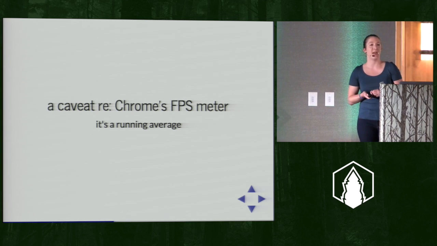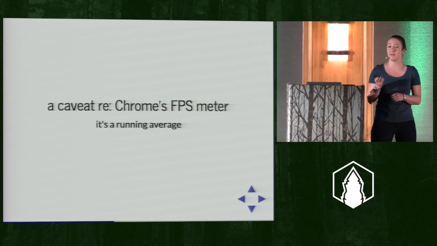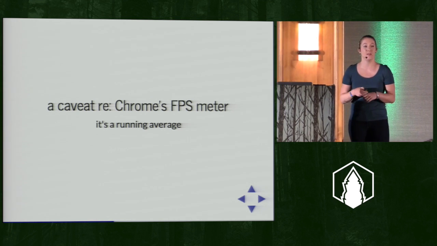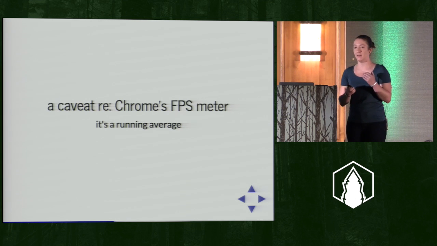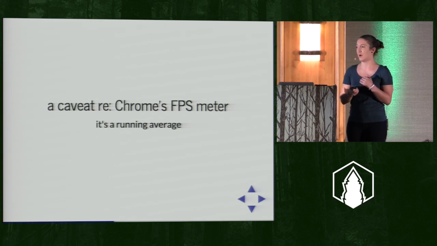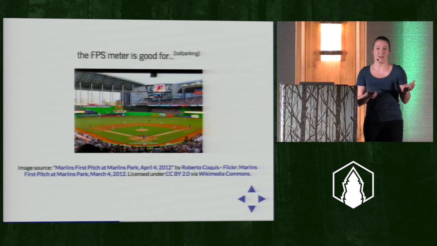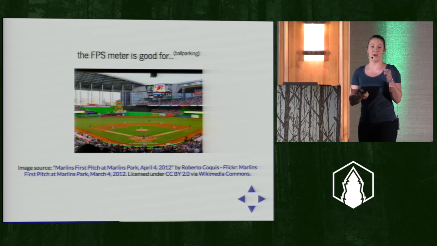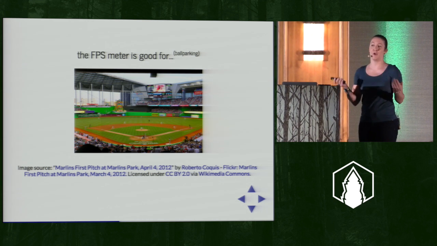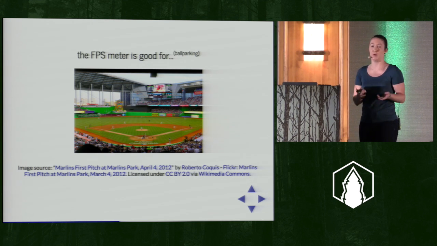So this is my biggest caveat about using Chrome's frame rate meter. It is that the main reported number is a running average. And so it's not quite the right tool for really precise identification of problems. Basically, it's good for ballparking and getting a general idea of how, if you leave it open for a long time while you're working, you get a really good idea of how well your website is performing between refreshes.